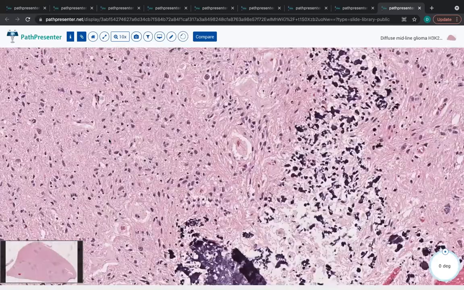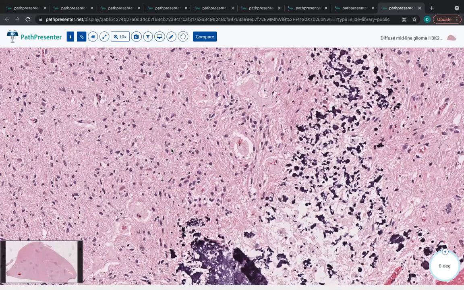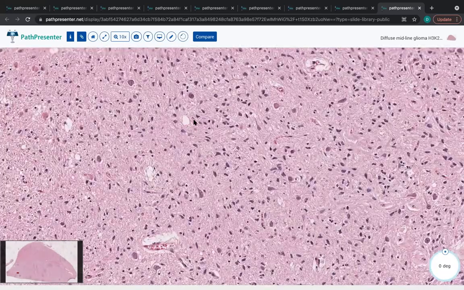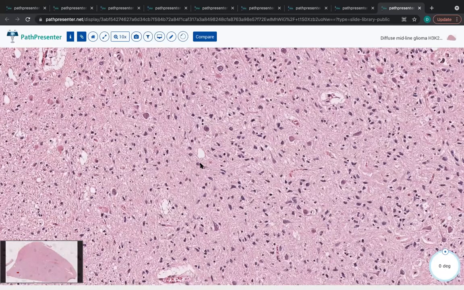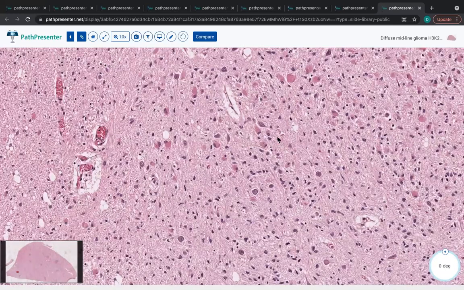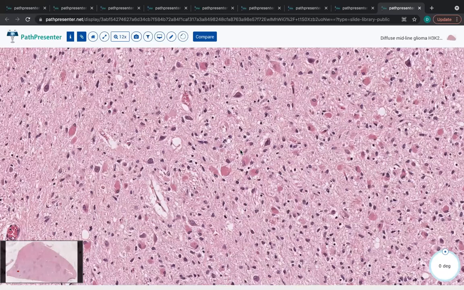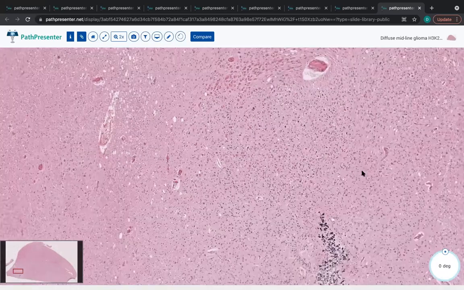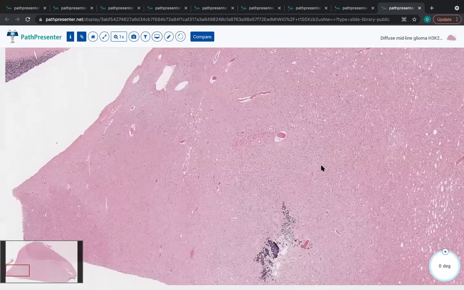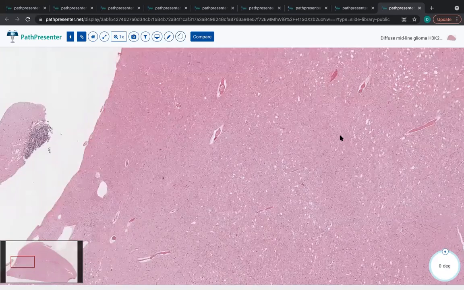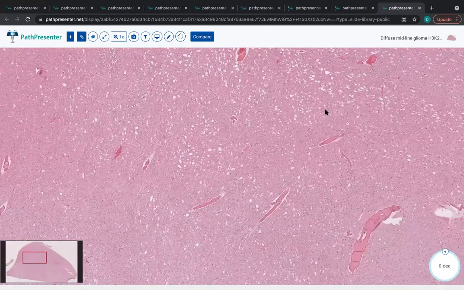Usually they're not even considered for surgical or any kind of adjuvant treatment. They're, in many instances, just placed on comfort measures or hospice treatment. As you can imagine, with a tumor that's diffusely involving critical brainstem structures, there's very little that can be done therapeutically, and these patients have a very, very short survival window as a result.